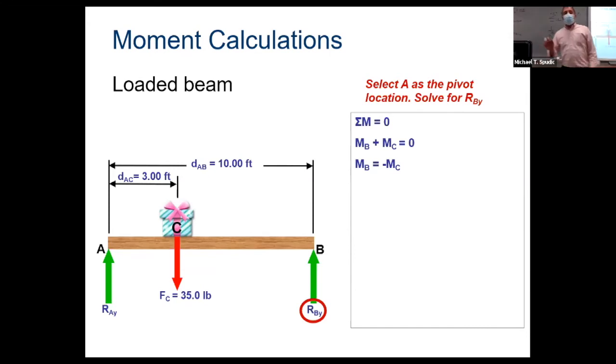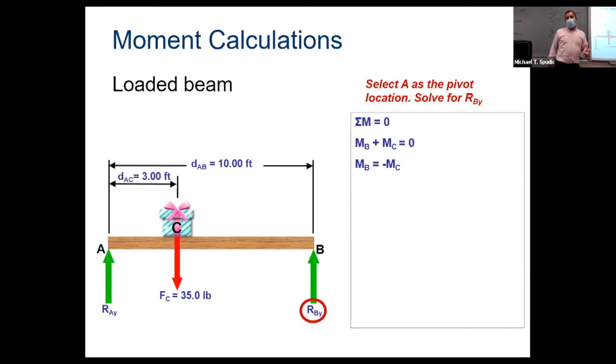Whenever we do these, we look at this picture here of A and B, and we want to solve for RB. What they're saying is they're going to make A the pivot point when we do the moments. So A is set as the pivot point. Now, when we're given a truss and you have the choice and they don't tell you which one to choose for the pivot point, always pick the pin as your pivot point. Okay, make a note of it.